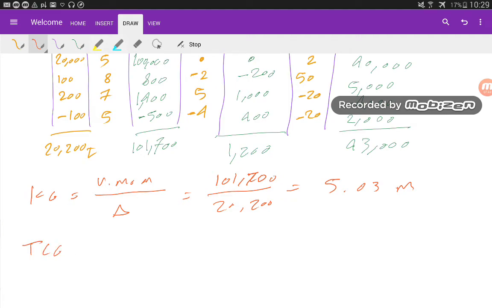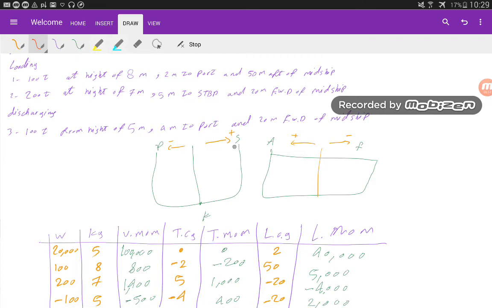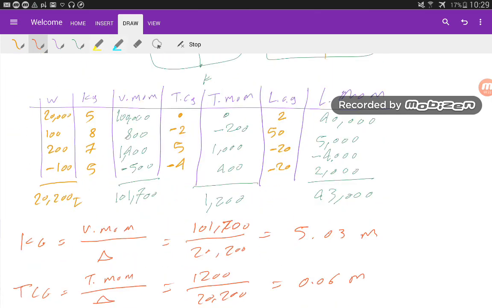Transversal center of gravity will be transversal moment over displacement, which is 1,200 over 20,200, which will be 0.06 meters. Let's remember, now the transversal center of gravity is plus, and we were considering starboard as a plus. Thus our center of gravity will be on the starboard side.